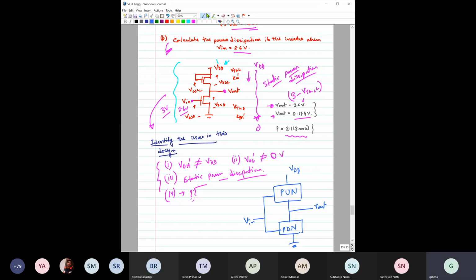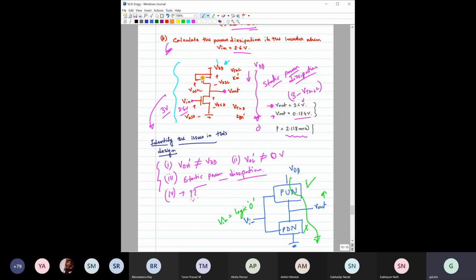So the idea is, when you give V in equal to logic 0, you are expecting this output to be high. So you are expecting that it will go and charge. At that time, only the pull up network will be on, and this will be off.